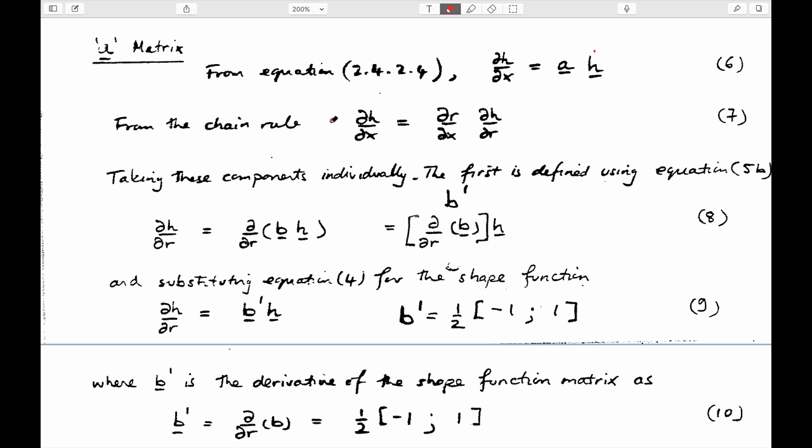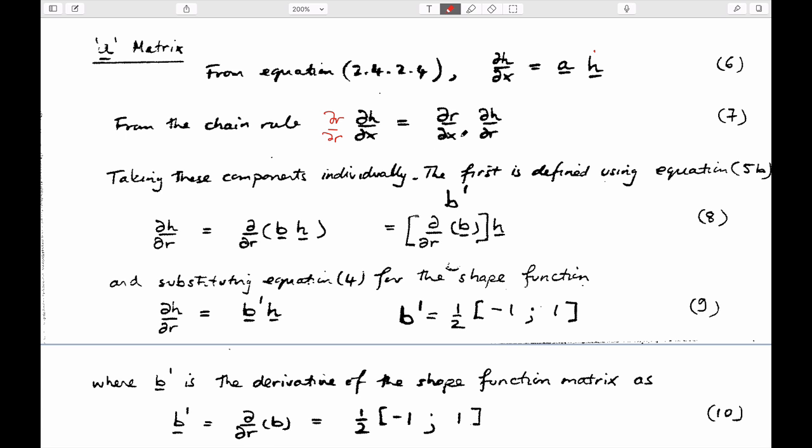We could multiply both sides of this by dr over dr. So this is 1. And dr over dr are just these terms here. So we could take this derivative and we could just manipulate in some way to get that. This all of a sudden becomes a composite term which includes two parts. So one is a change in head with r, and one is the geometric component.